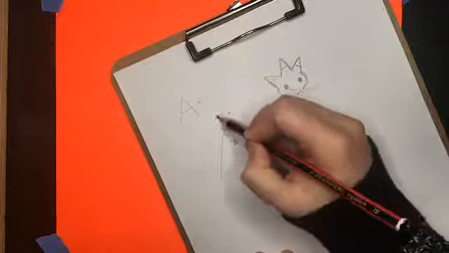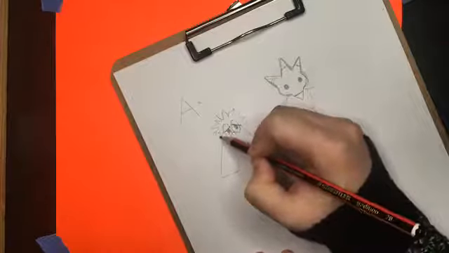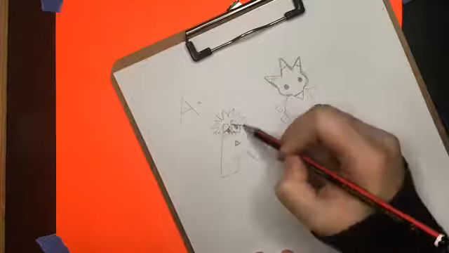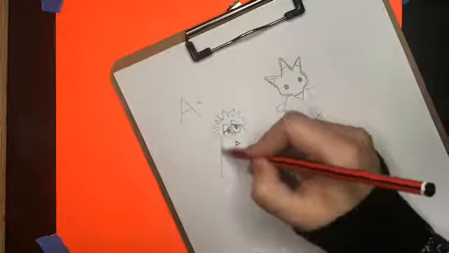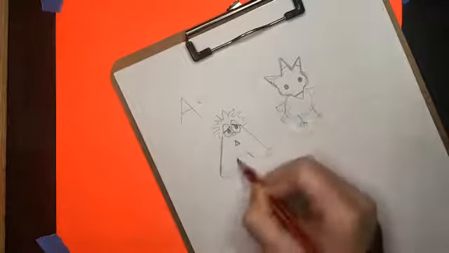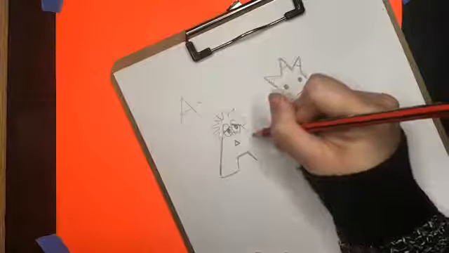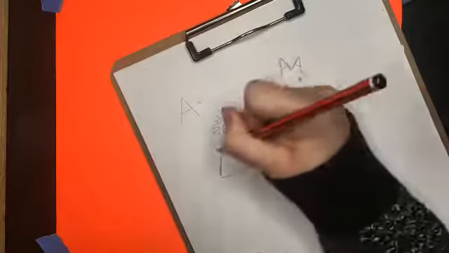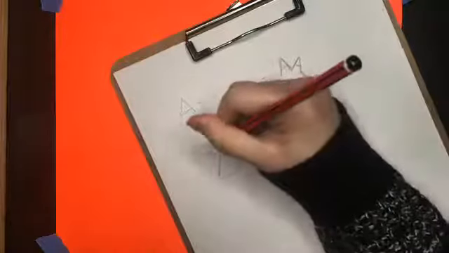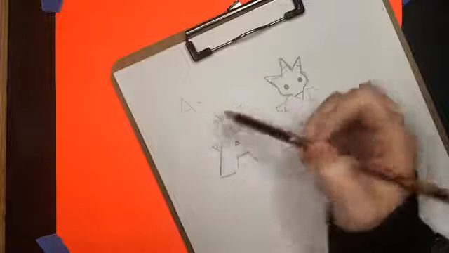Okay, so you can decide which kind of letter character you're going to do. Are you going to use the letter as an element that you might repeat? Or are you going to use the letter as the character itself? You can try both ways. Maybe you can combine the two together. So maybe his arms are also A's. If you wanted an extra challenge, see if you can make a character only using the letter A.